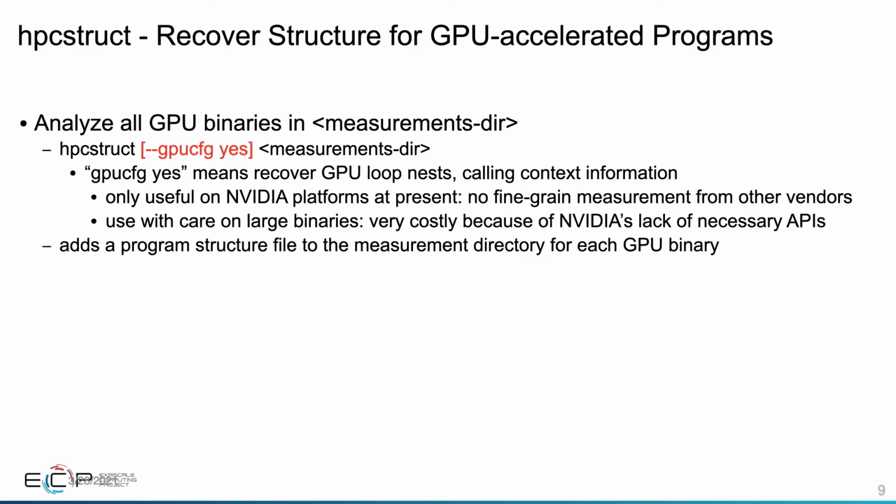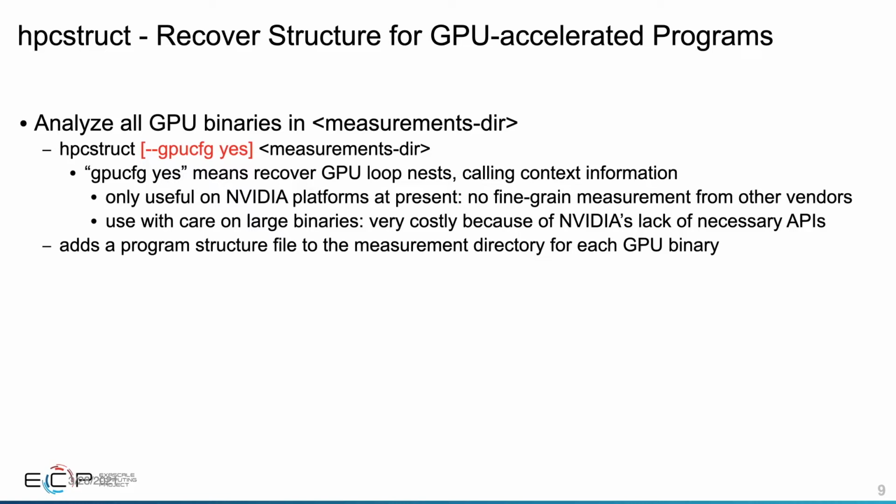On NVIDIA GPUs, unfortunately, NVIDIA doesn't provide good APIs for getting the CFG information, and we actually have to rely on an NVIDIA utility to compute this for us. So what we end up doing is invoking an NVIDIA utility, dumping the results to ASCII, and then parsing them into HPCToolkit.